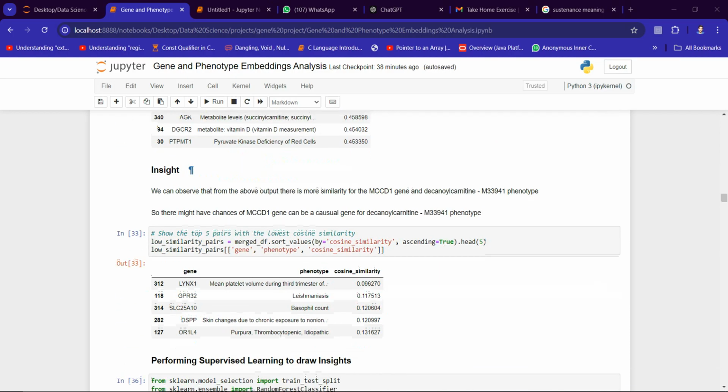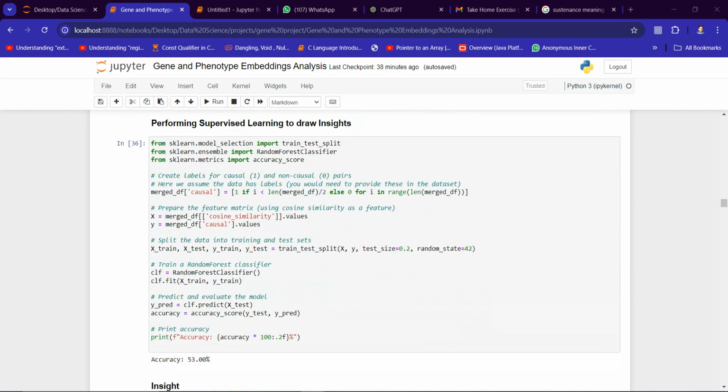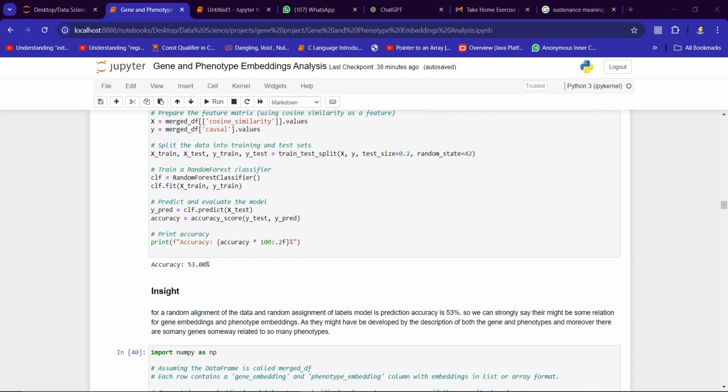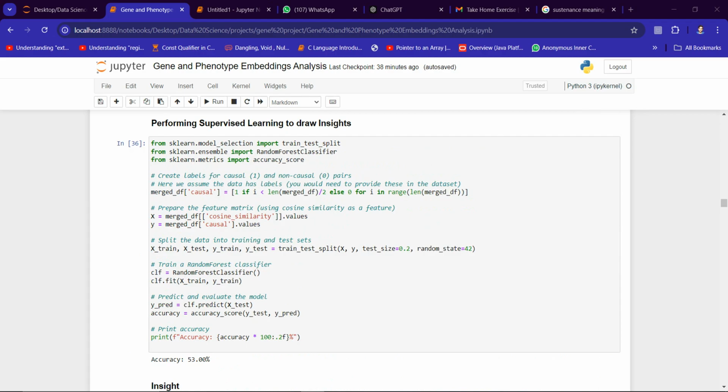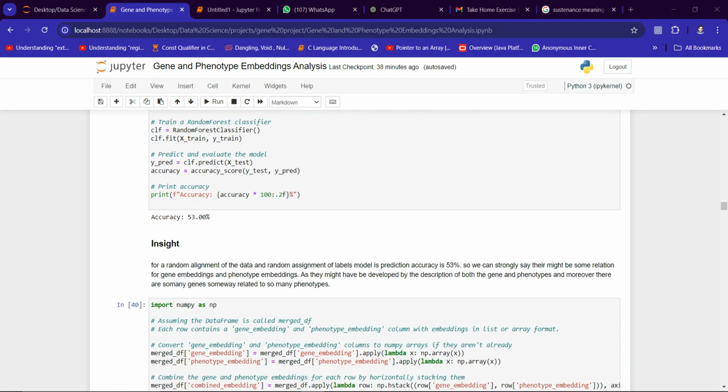Then, performing supervised learning to draw some insights, I got an accuracy of 53%. I randomly assigned some data and labels in order to train the model. I found it is 53% accurate, which means that for a random alignment of data and random assignment of labels, the model accuracy is 53%.